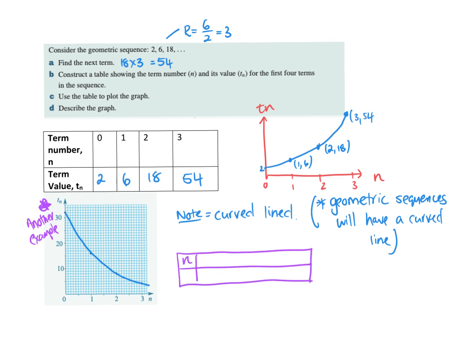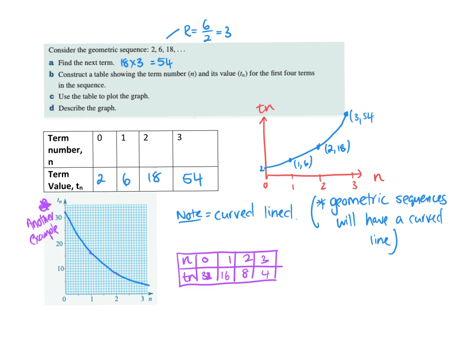If this was n and the value, we'd have 0, which looks like 32, then 1 at 16, 2 at 8, and 3 at 4. Okay.